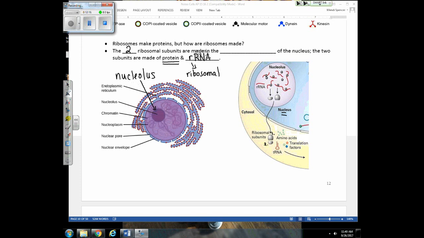So according to this diagram, you can see that in the nucleolus, rRNA is being synthesized and proteins are being synthesized. And together they're going to come out of the nucleus into the cytoplasm, and they're going to be assembled into a ribosome. So to summarize, you need to be able to tell me that ribosomes are made in the nucleolus, or that's the purpose of the nucleolus, and that ribosomes are made of two types of molecules. They're made of protein and ribosomal RNA.